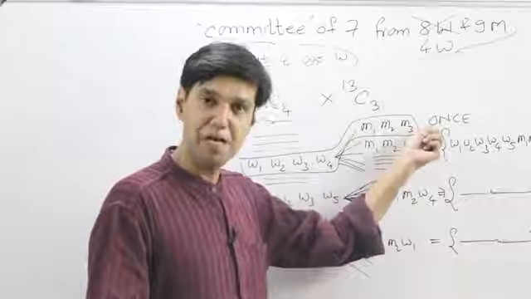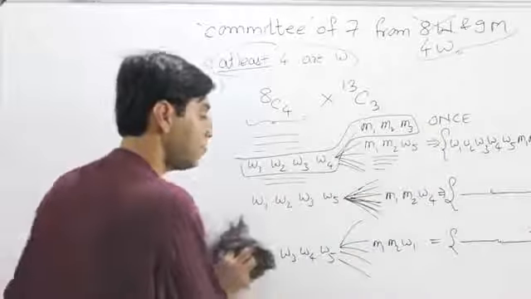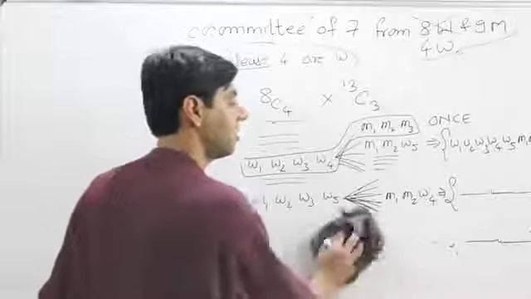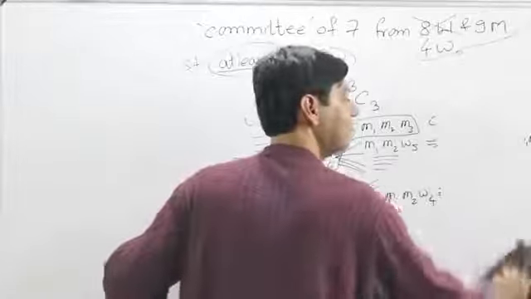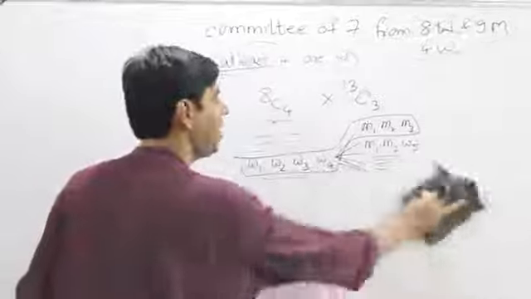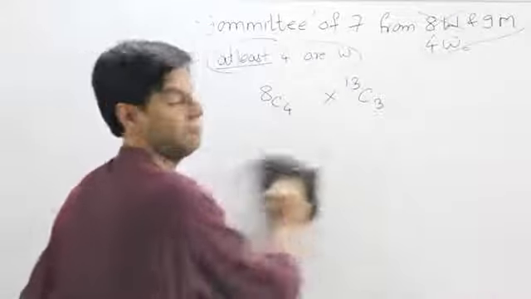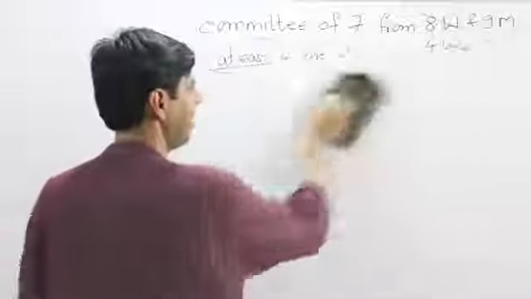Some of them you will count only once, and for some the number of times you count is not constant. A completely women committee could be counted in many different ways, right? So this entire process does not yield us an answer, and the only other way is that longish expression that we had written earlier.